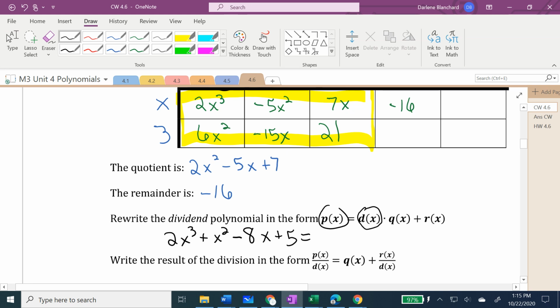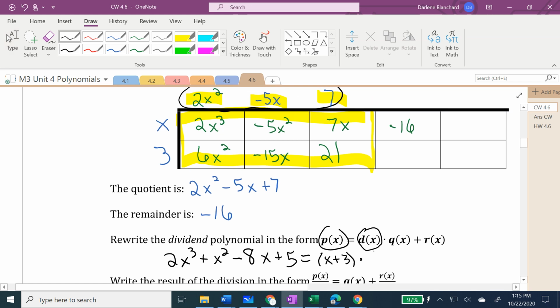This polynomial is equal to this is the divisor, which is the x plus 3, multiplied by the quotient, the 2x squared minus 5x plus 7, plus the remainder that just decided it was going to be annoying, and I'm going to write minus instead of plus a negative.